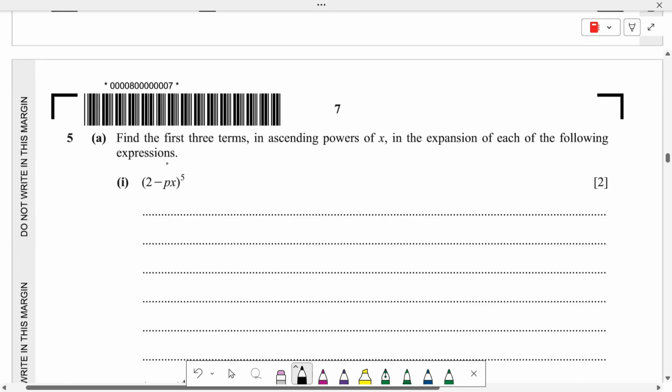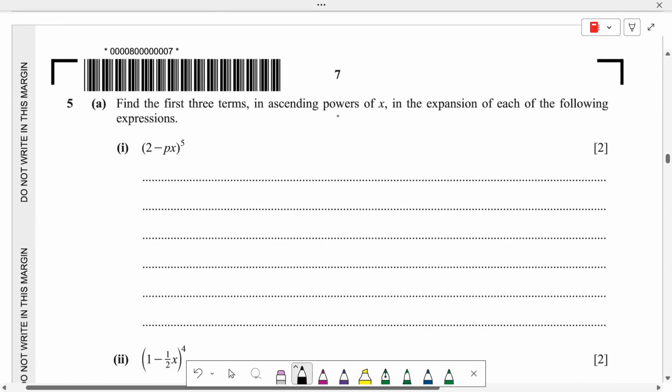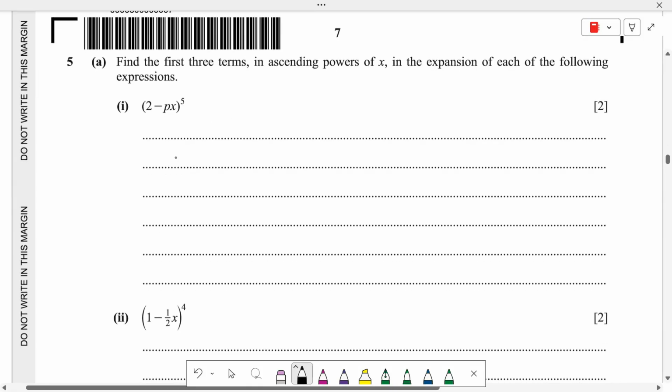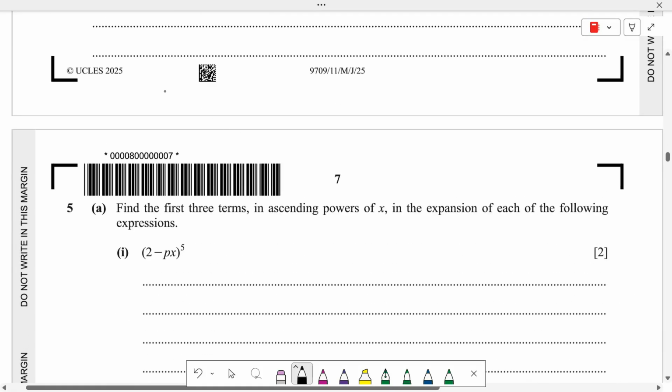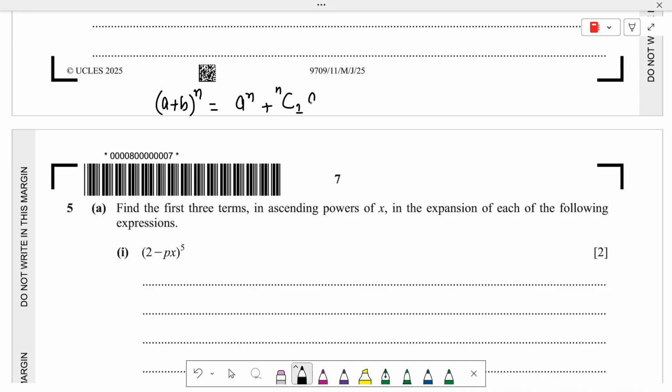Question number 5. Find the first three terms in ascending order of x in the expansion of each of the following expressions. First of all, we know that (a + b) to the power of n is equal to a to the power of n plus n combination 1, a to the power of n minus 1 and b to the power of 1, plus n combination 2, a to the power of n minus 2 and b to the power of 2.